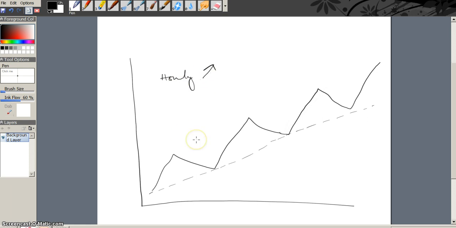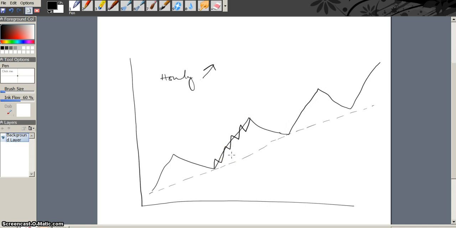Okay, now typically what happens when you look at a price chart, due to the fractal nature of price movements, when you look at smaller time frames, in all probability the price will be making waves like that.